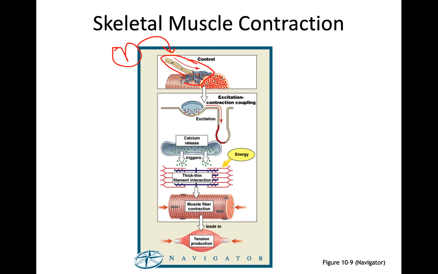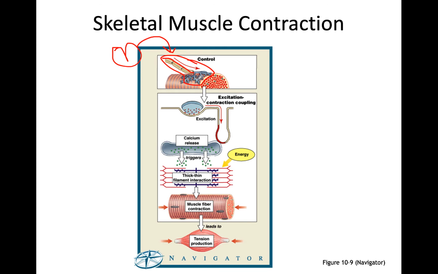What exactly is happening here? I do not need you to know the physiology of an action potential, but I do need you to know how we transmit that voltage down into the sarcolemma. So this will be the picture that we refer to at the end of it, and this is just like an introductory cover photo, but we'll go over it just slightly right now, and then I'll go into the details.